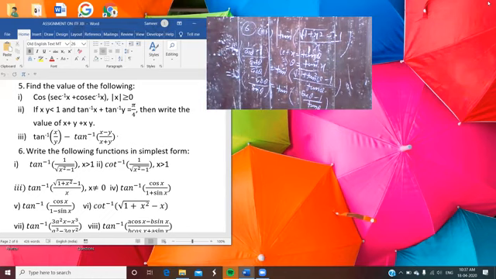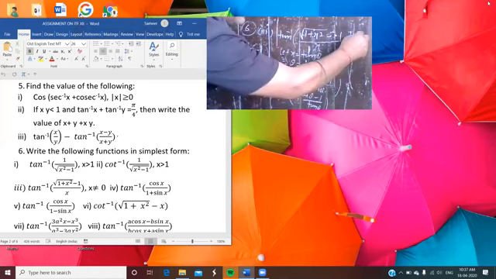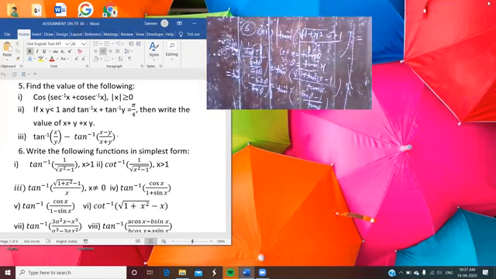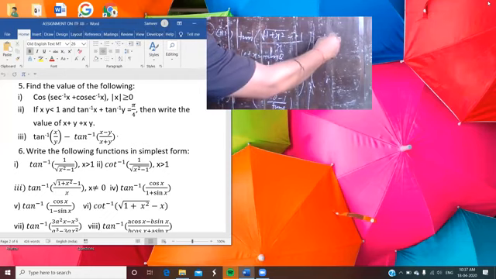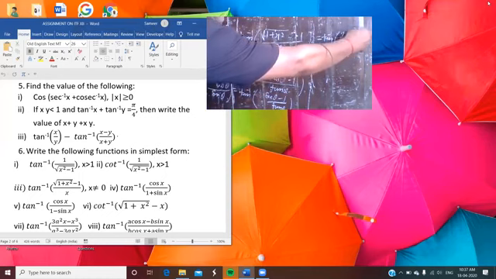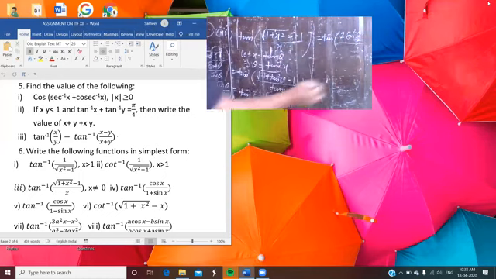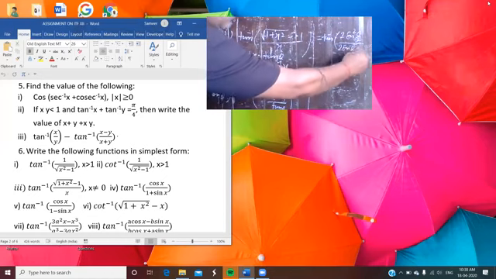1 minus cos theta can be written as 2 sine square theta by 2. So that is equal to tan inverse of 2 sine square theta by 2, whole divided by sine theta, which can be written as 2 sine theta by 2 cos theta by 2.